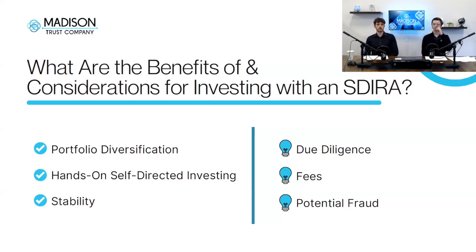And some other things to consider. We are a passive custodian, so we're not a fiduciary. We're not providing any tax, financial, or legal advice, none of that. So it is up to the client to do their own due diligence to make sure they can accept the risk of any potential investment they have in mind.